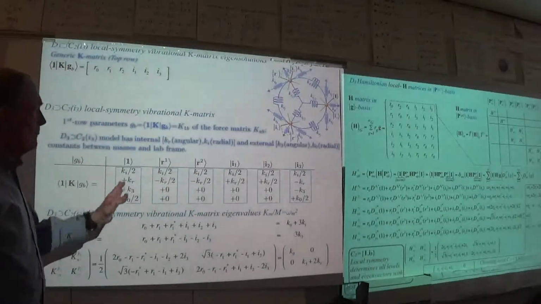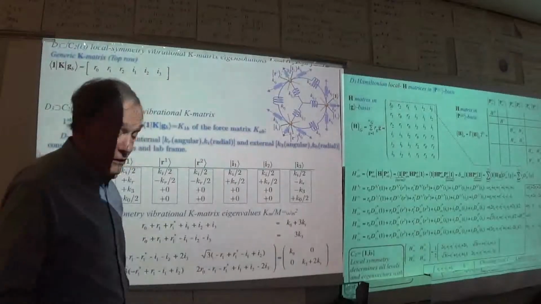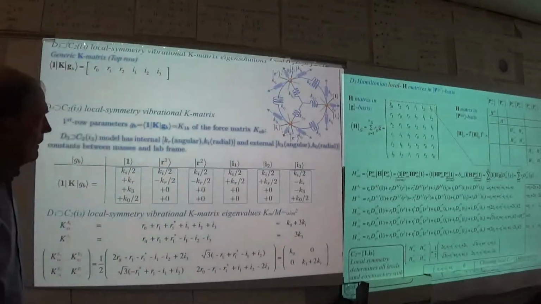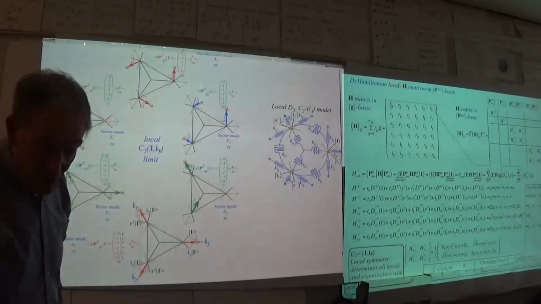That has been replaced by the K's, the actual springs that make up this particular mechanism that has the curved springs.